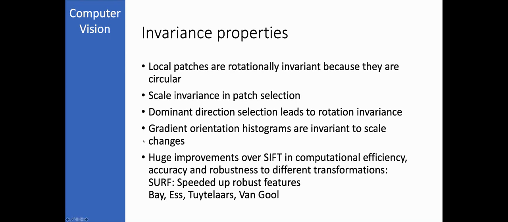Now, SIFT was a big success, and it has been used quite often in computer vision applications. It's obviously not the final endpoint, and there have been huge improvements over SIFT in computational efficiency, accuracy, and robustness for different transformations, notably by speeded up robust features, SURF, which we will not cover, but I strongly suggest you look at it for further information.